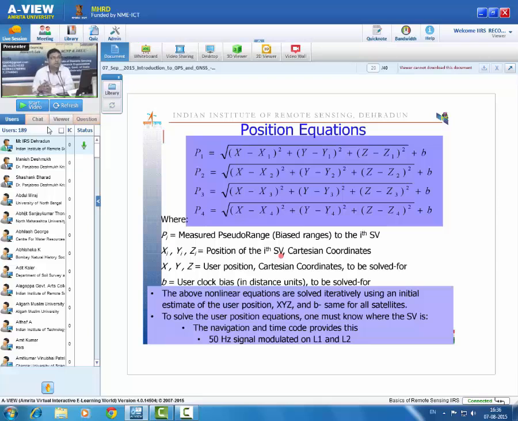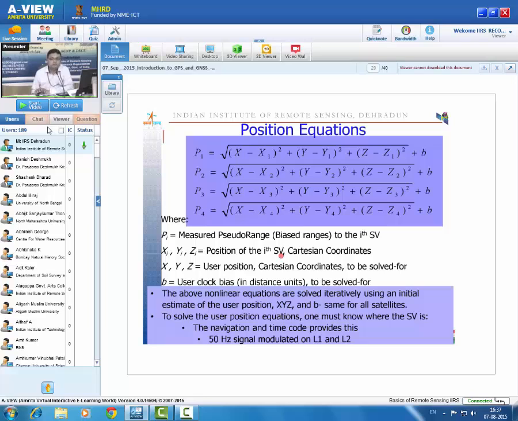Here I would like to tell, the naming of the GPS satellites or the GNSS satellites are being done so that they are either represented as SV numbers, that is satellite vehicle numbers, SV1, SV2, SV3. So they are called by SV numbers or by the pseudo random numbers, that is PRN1, PRN2, like that.